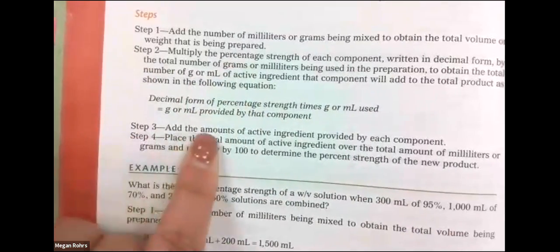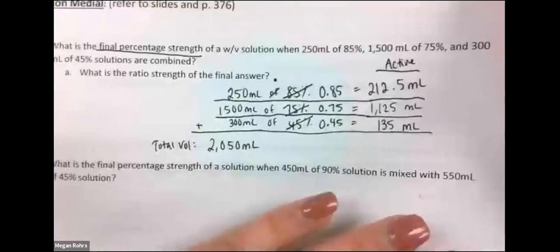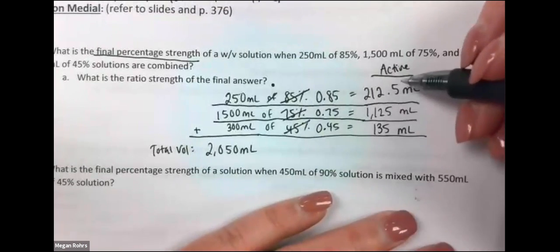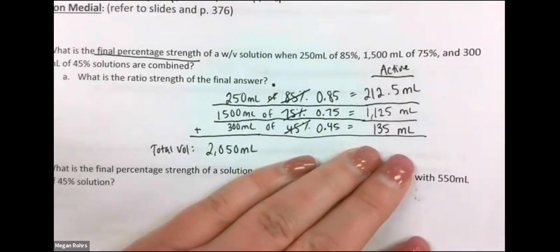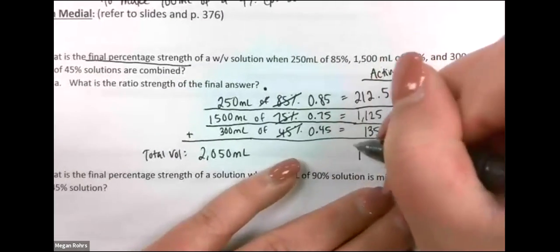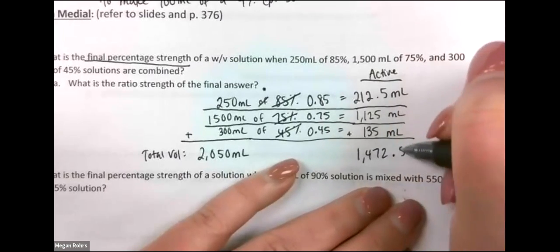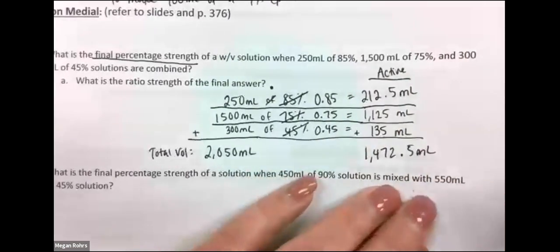Step 3, add the amounts of active ingredient provided by each component. So step 3 is just adding these together. So 135 plus 1,125 plus 212.5, that gives me 1,472.5 mils.